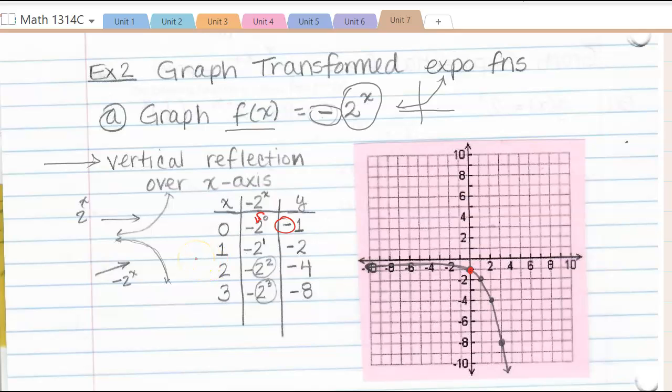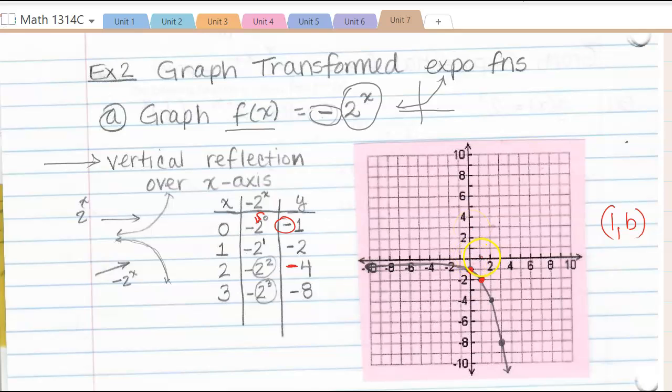Normally we would go over 1, b. That's another point that we know exists. 1, b would be 1 and then up 2, but because of that negative multiplier, I'm going to go down 2. Then we can continue forward. We can plug in 2. 2 squared is 4, but the negative multiplier causes it to go down 4.